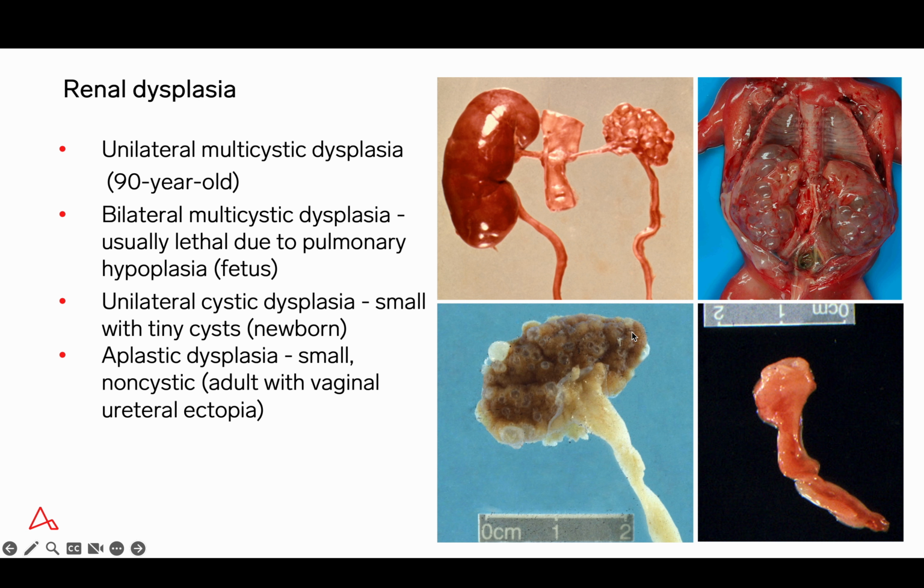This is an example of a small kidney with cysts that we could refer to as cystic dysplasia. And here on the lower right, we have a dysplastic nubbin of tissue with no cysts. So this is renal aplasia or aplastic dysplasia, and this was associated with vaginal ureteral ectopia.